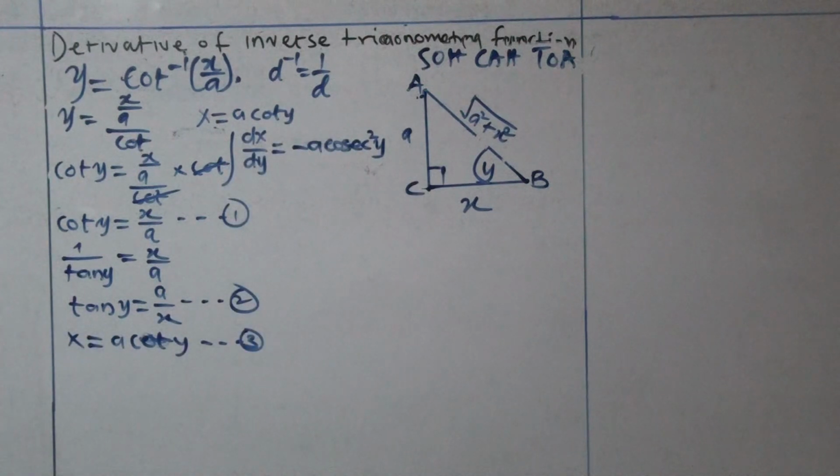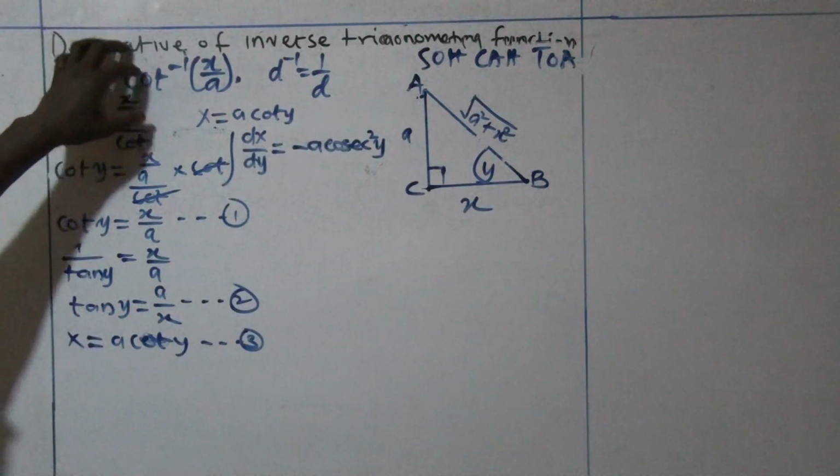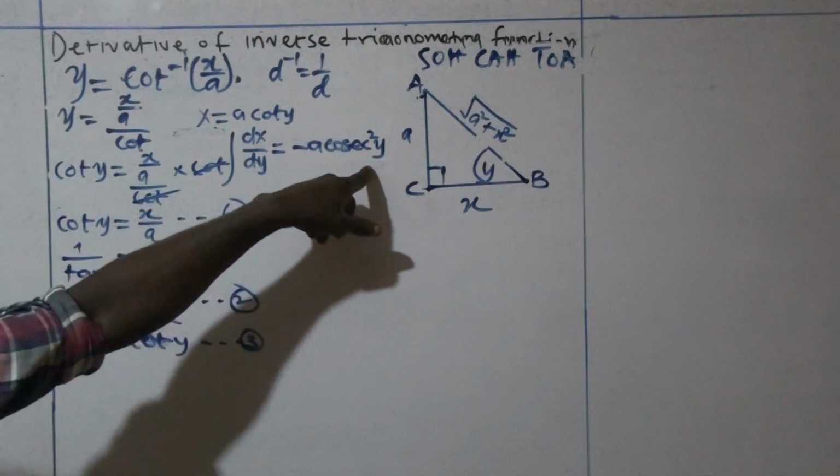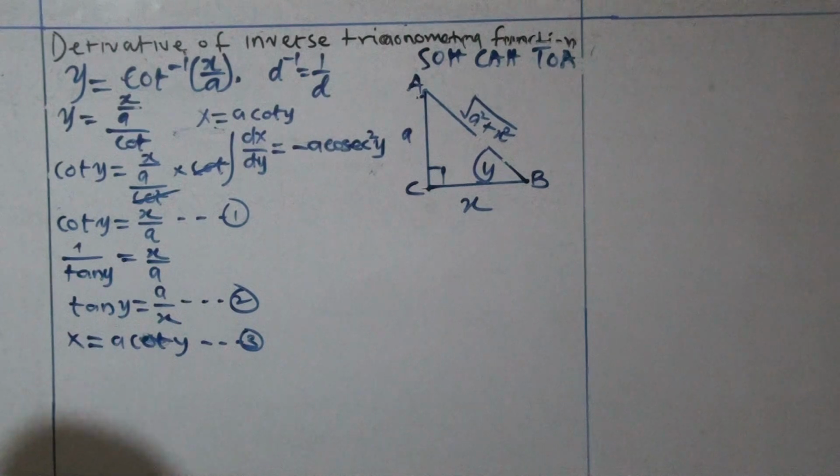So if we differentiate cot, the resulting answer is minus cosec square y. We might not go into that one; we can do that on our own.